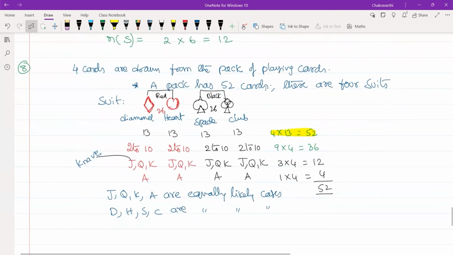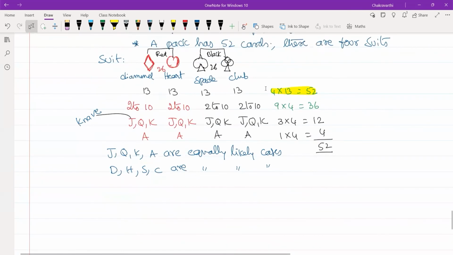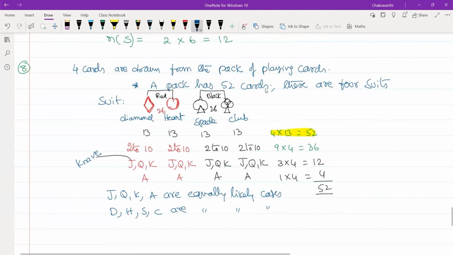4 cards are drawn from the pack of playing cards. With the help of this, that is 52C4 ways. Total possible outcomes, denoted by n(S). Here we have to use the combination, by selecting 4 cards. By drawing, selection, choosing, divisions, apply the combinations.